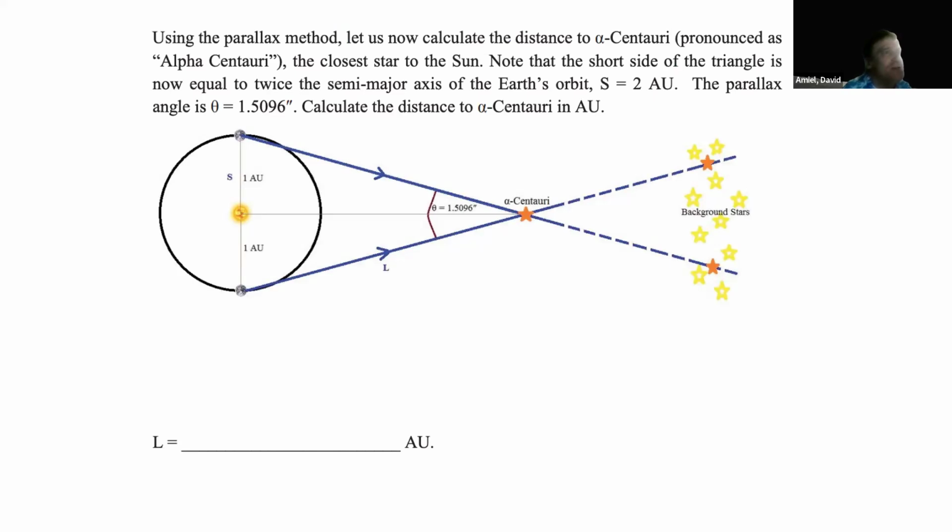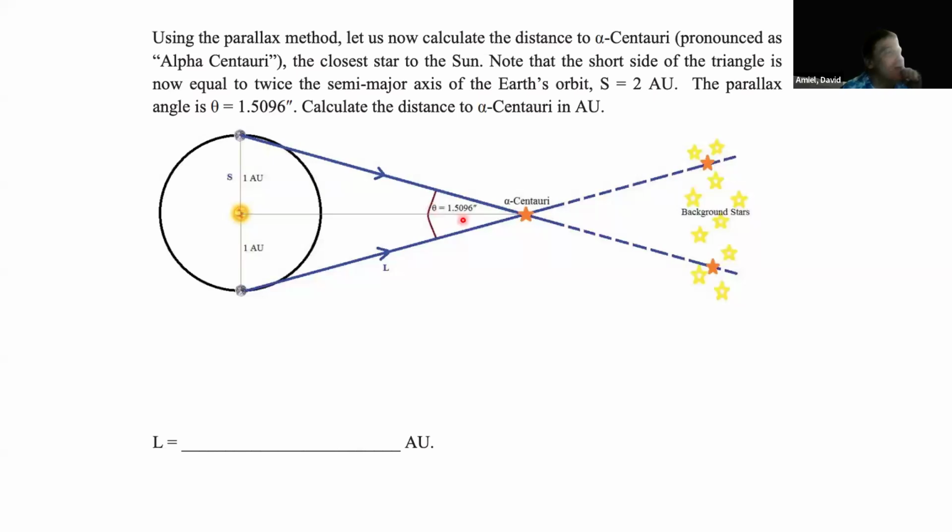So here's just another example of Alpha Centauri, our closest star, at around 3 light years away. So I already told you what number you should get there. And you're given the parallaxic angle theta. There's theta right there.